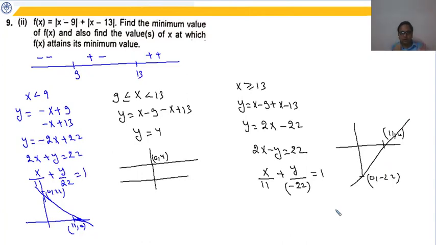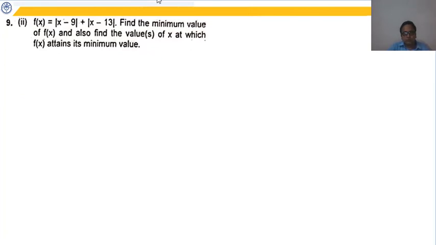And we have to draw the three lines in a single graph, each in its own region. One is less than 9, the other is from 9 to 13, and the third is greater than or equal to 13. So this is 9, this is 13.